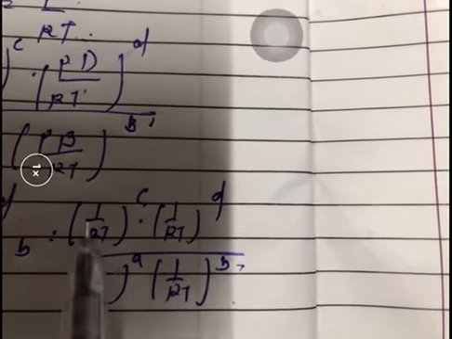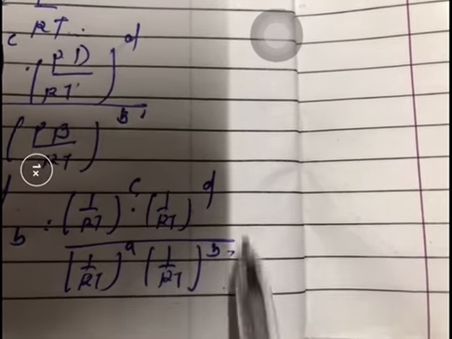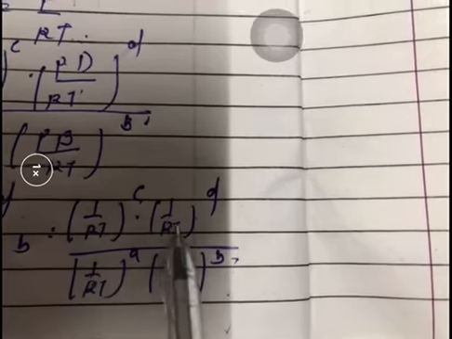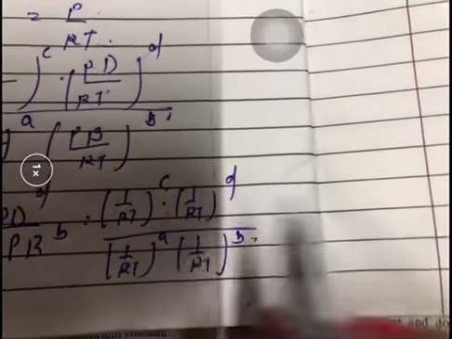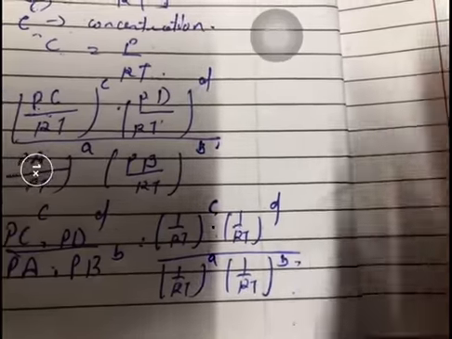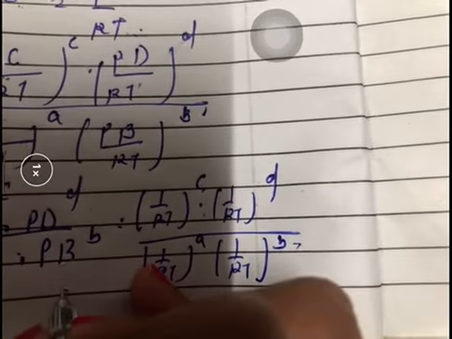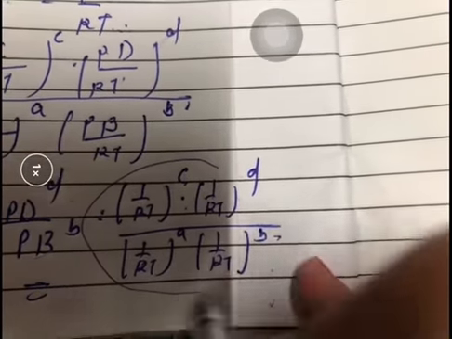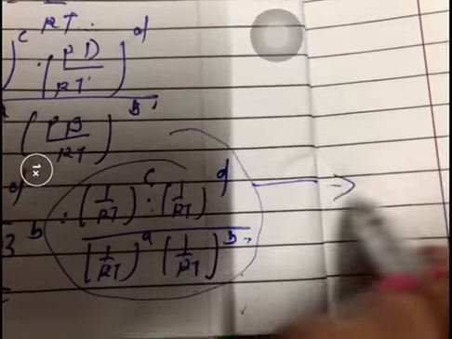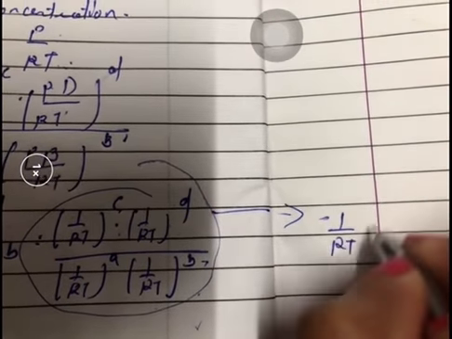As you have known, when similar terms are in division, we have to take the subtraction, and when similar terms are in multiplication, we have to do addition. So I can rewrite this equation as 1 by RT.